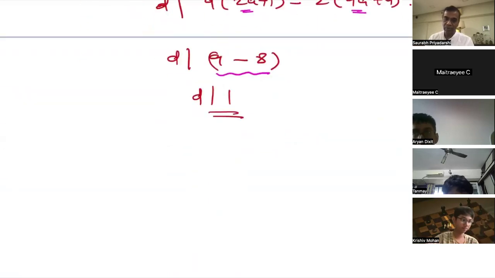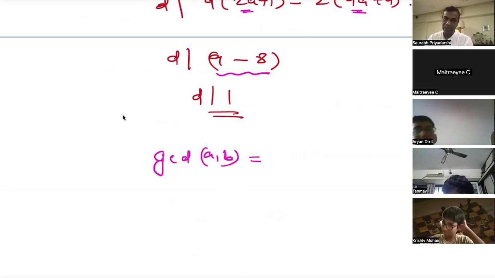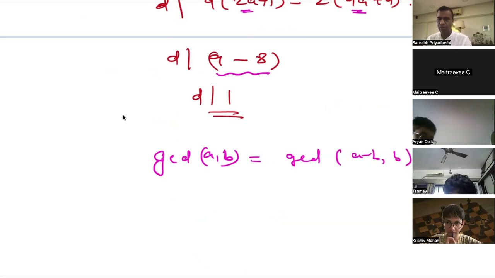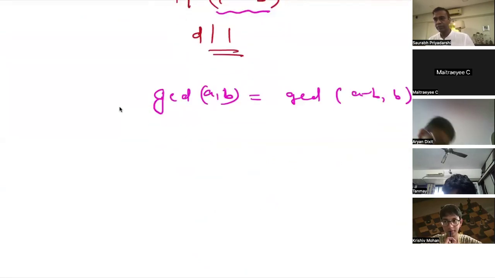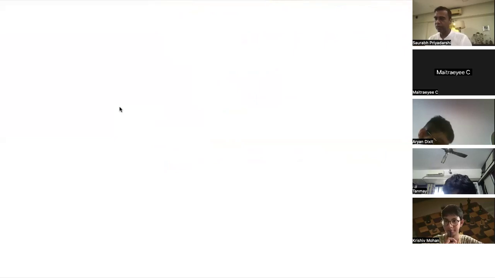Because GCD of A and B will be the same as GCD of A minus B and B, or B minus A, or we can multiply them by a few numbers also. Then we will get that. Is this okay, everyone?